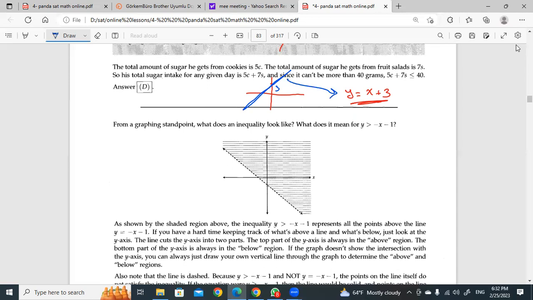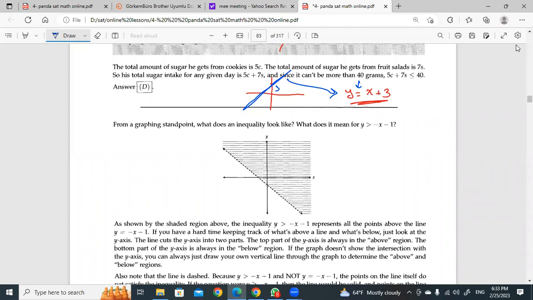What if I have an inequality? I will change this equal sign into a sign of inequality. Now I convert it from a line into an area. Let us see.